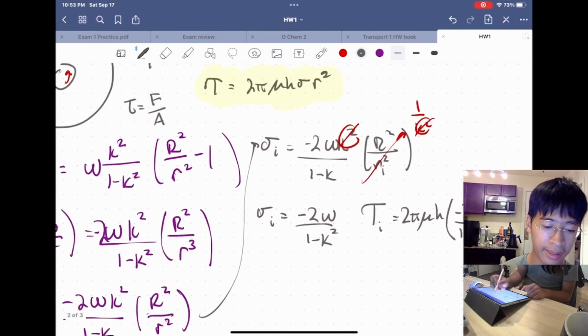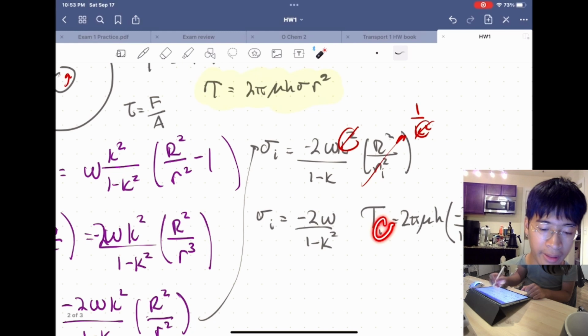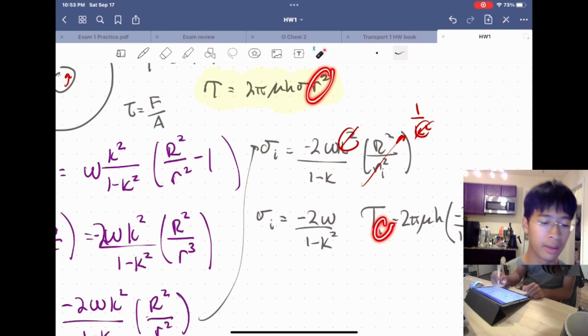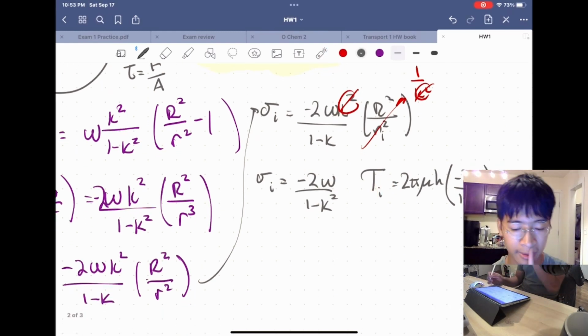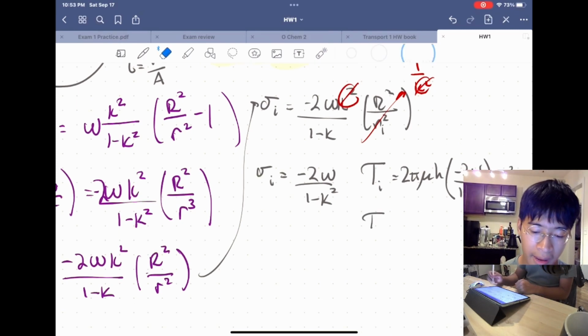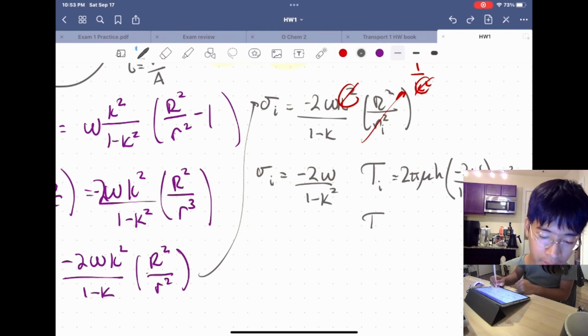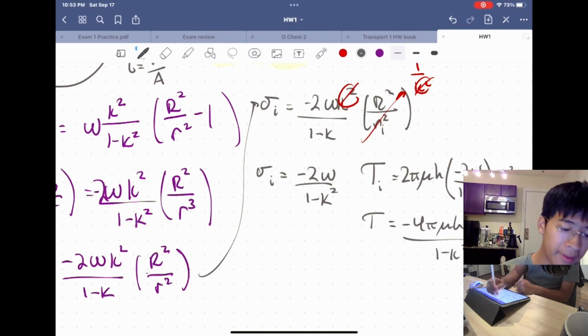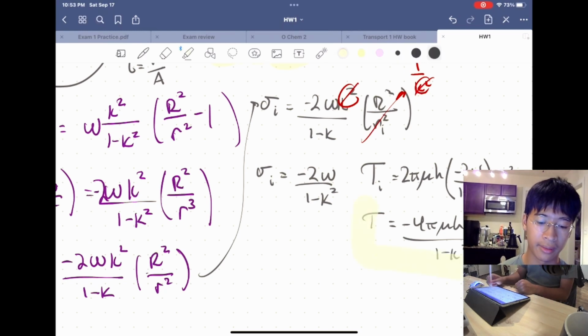Okay, if we're analyzing torque at the inner radius, the independent variable r will become the smaller radius, the inner radius, right? Pulling out our constants, we then have negative 4 pi mu h omega r_i squared all over 1 minus k squared. There is our expression for torque at the inner radius.